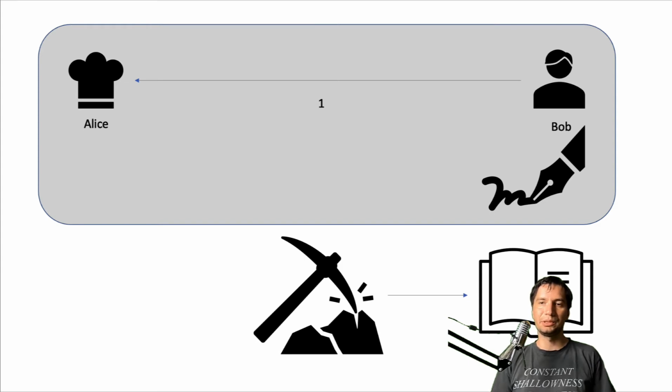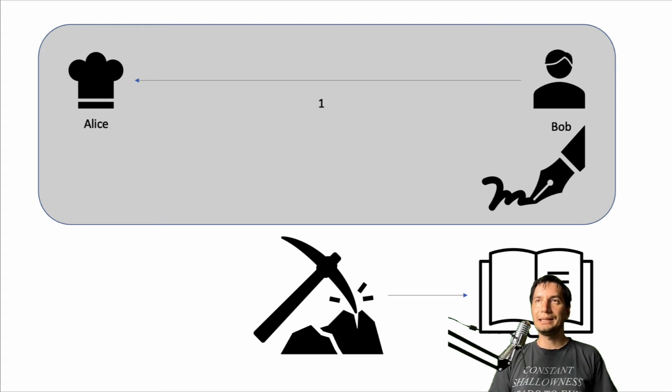If I would pay Alice for every coffee, for every dinner, and every Bitcoin full node running in the world would need to store this transaction, then of course Bitcoin would not be a very useful technology, because it would spam this large book of all the transactions with transactions that are maybe not so important, and maybe not everyone should know about them and keep them on their drives and so on.